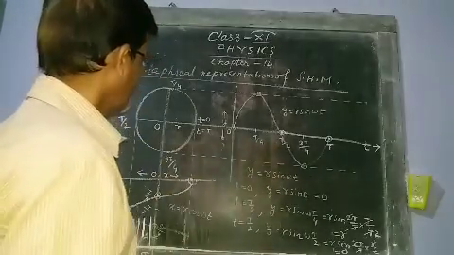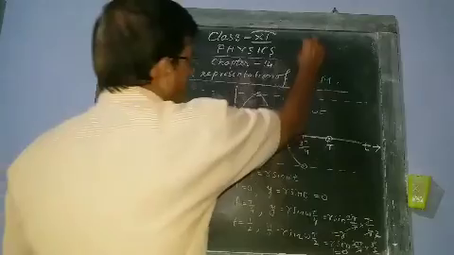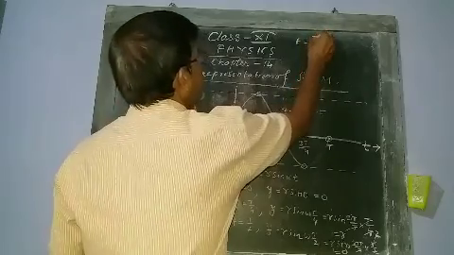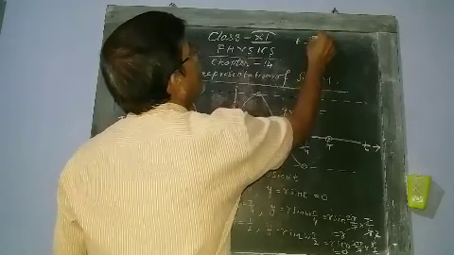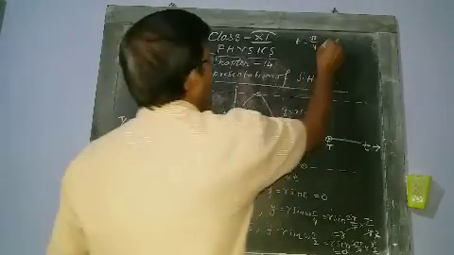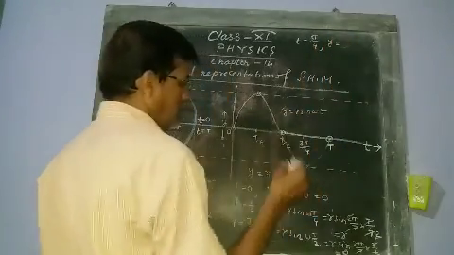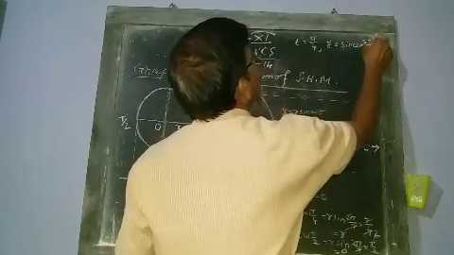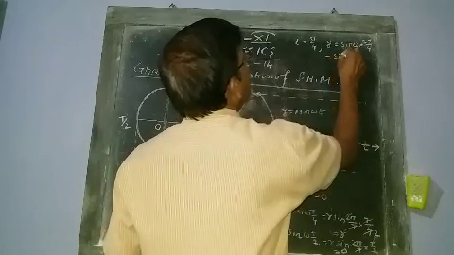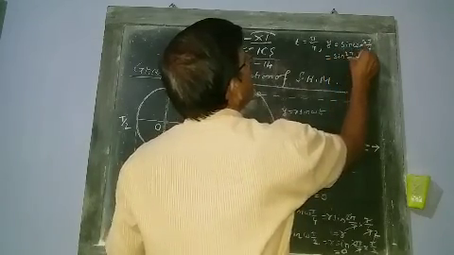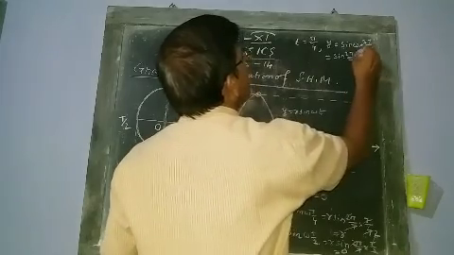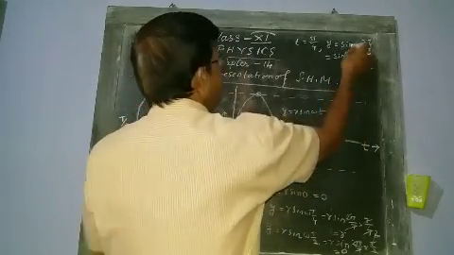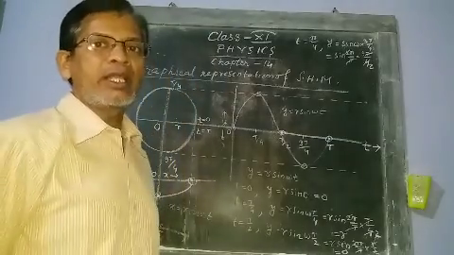Then what I am doing here, t equals 3T by 4, so y equals r sin omega into 3T by 4, which is sin of 2 pi by T into 3T by 4. Cancel, and we get sin 3 pi by 2, that means sin 270 degree.